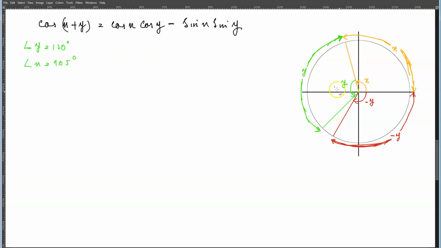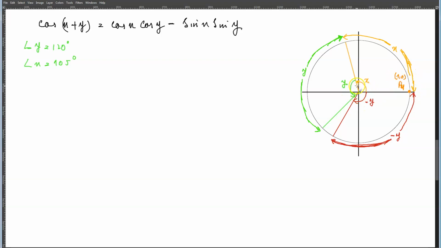Now, what I can do is pick a couple of points. I can create a couple of points here. For example, there is this point over here that I can call P4. And the coordinates of this point are 1, 0.